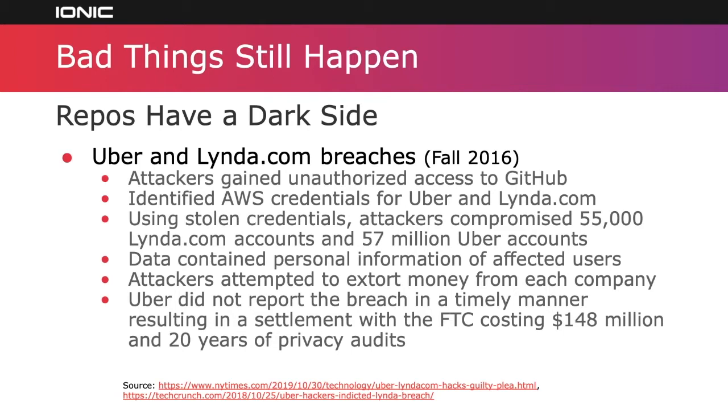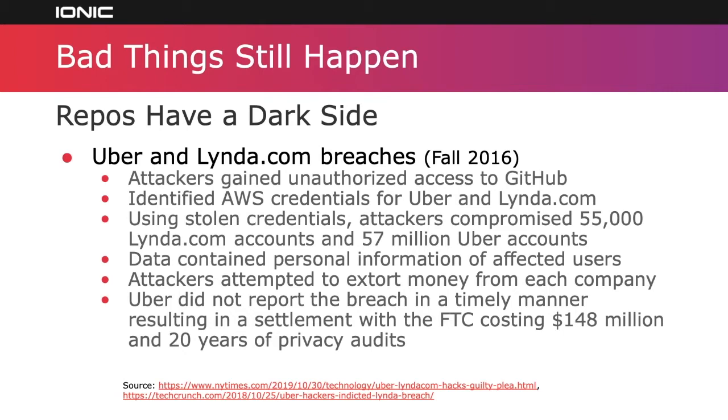As a result of that, those attackers were then able to pivot and directly attack both Uber's and Lynda's AWS environments, resulting in the compromise of thousands, in the case of Uber, millions of user account records containing personal information of users for those organizations. Now, that's an impact to consumers, which is something all of us need to be terribly concerned about, because it's our consumers' data, our customers' data that we need to be protecting.